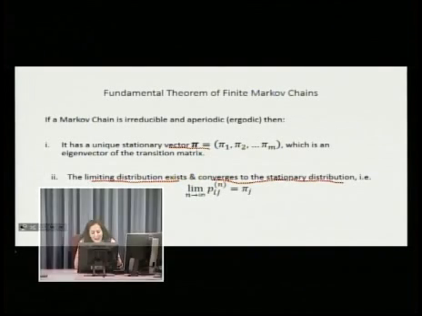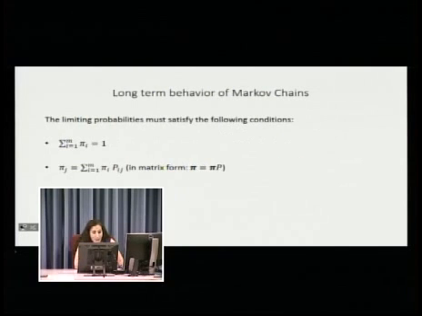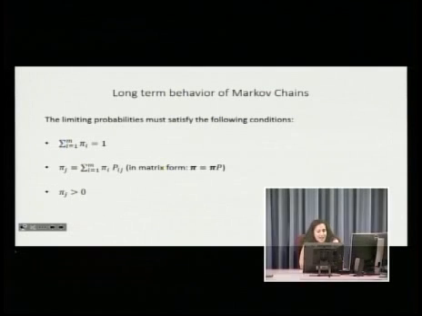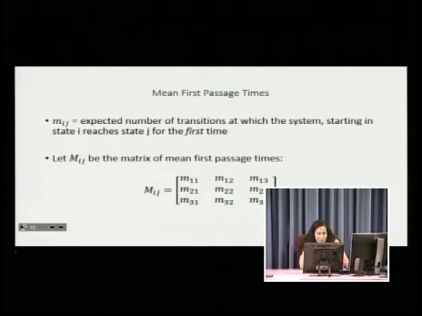So for ergodic chains, the limiting distribution converges to the stationary distribution. Our limiting distribution represents the long-term behavior of the Markov chain, and we've seen before that it has to satisfy these conditions.